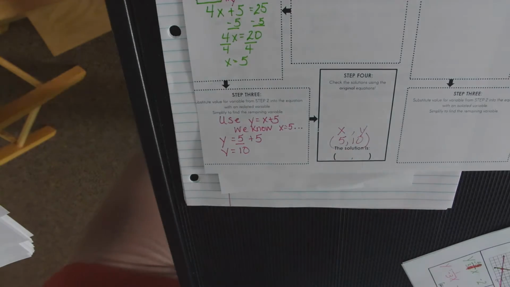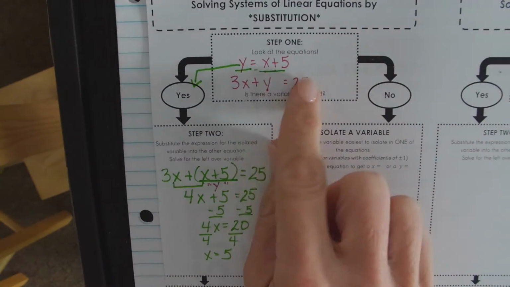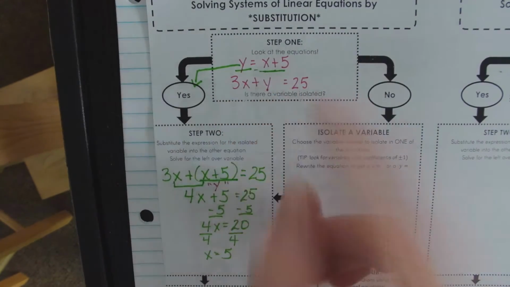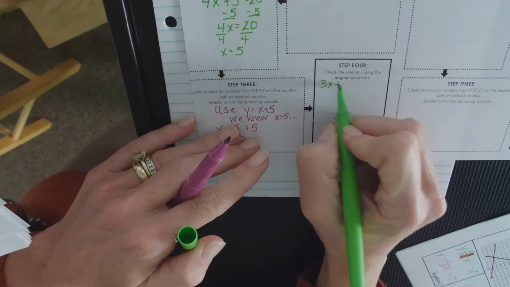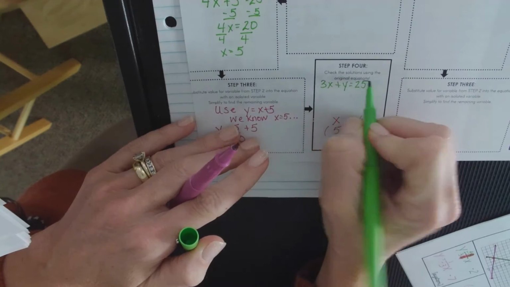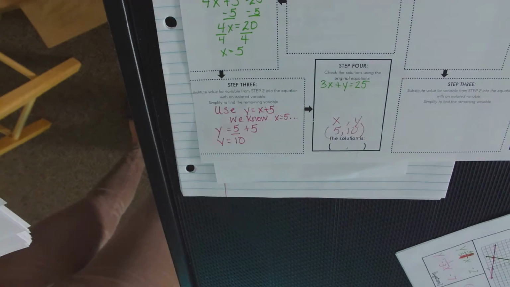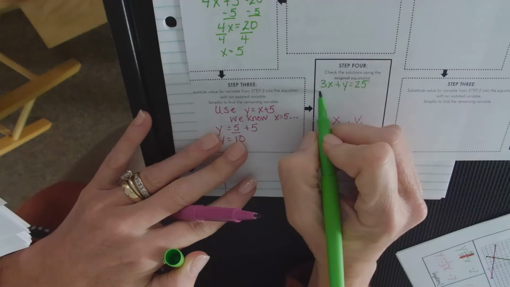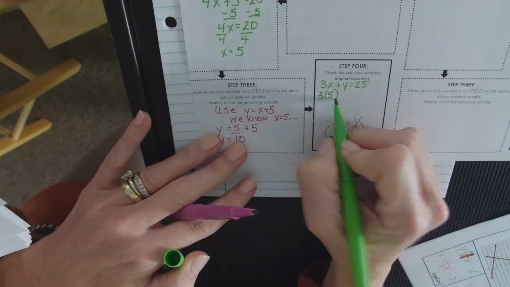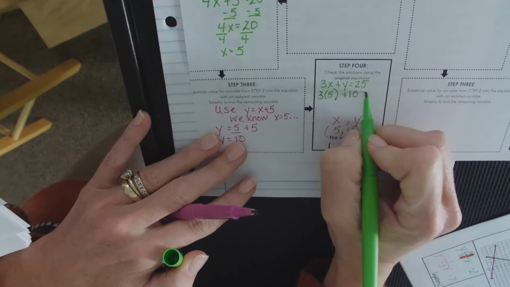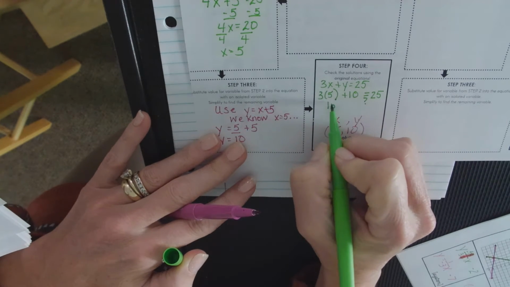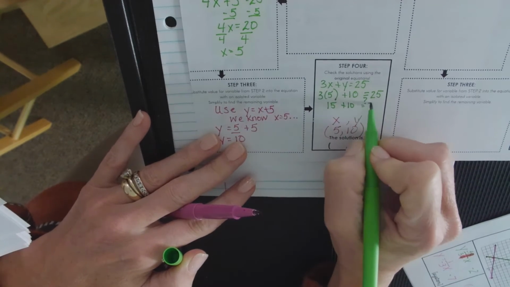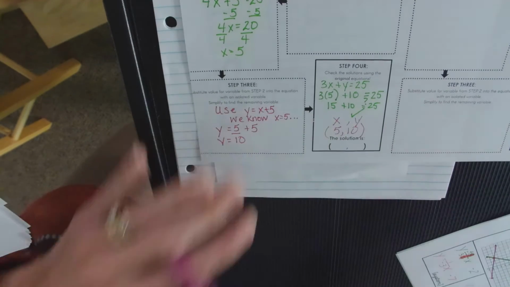So we have this second one, 3x plus y equals 25. I'm just going to substitute both and make sure I'm right. 3 times 5 plus 10. Is that going to be equal to 25? 15 plus 10? Yes. That looks good to me. Check.